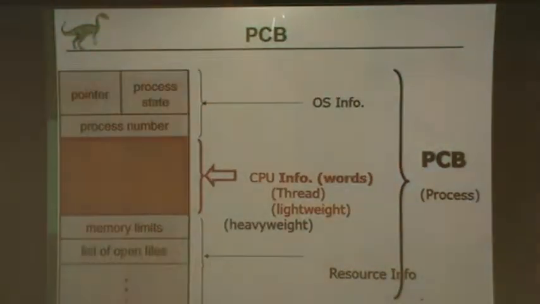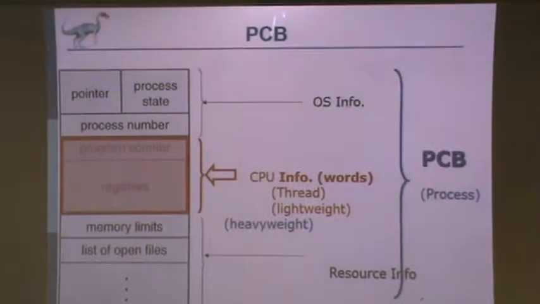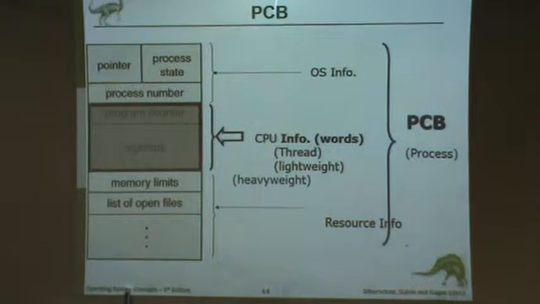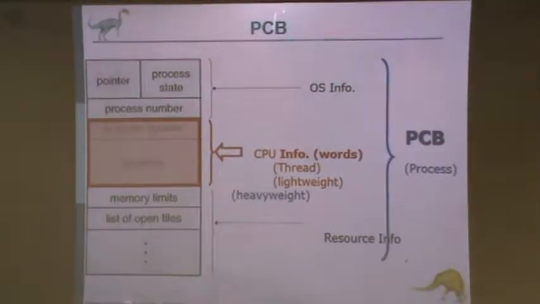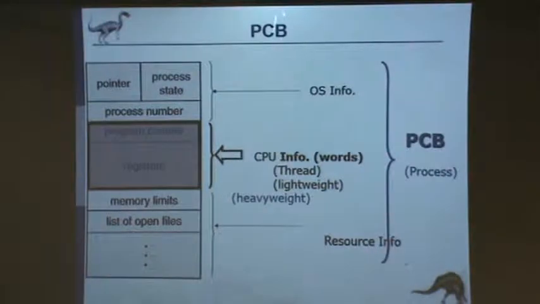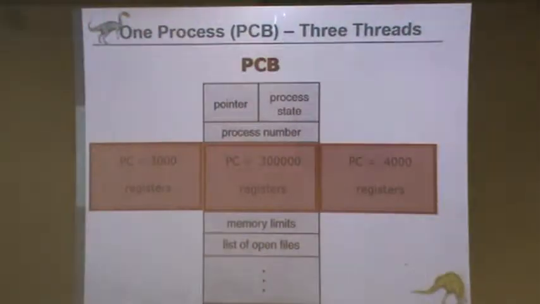And this is the PCB block. This thread information is part of the PCB. And we can see this one process which has three threads. What's their data structure like?